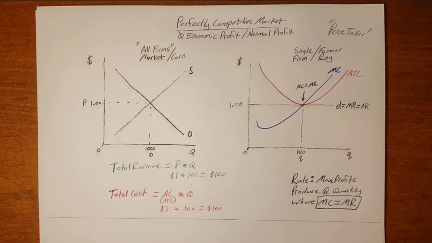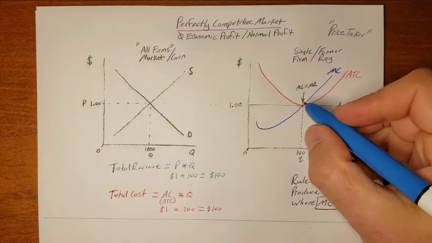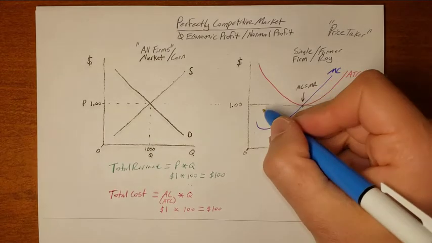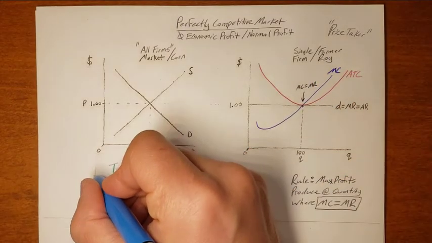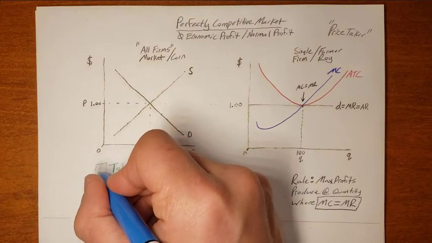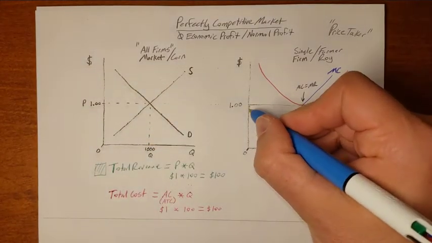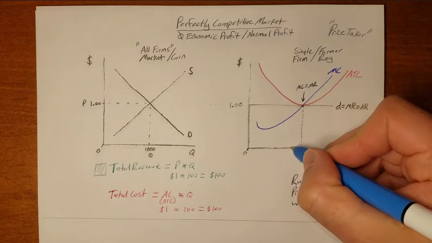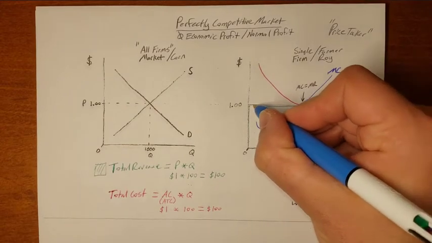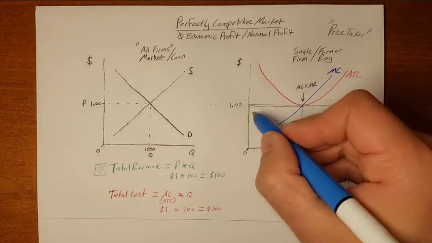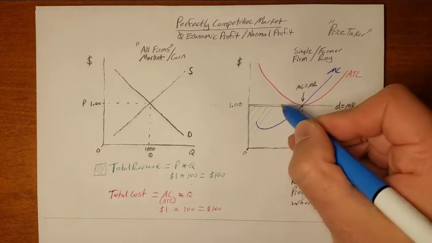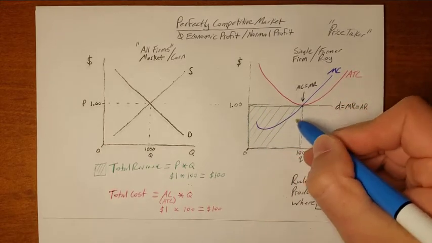Okay, now if we wanted to graphically illustrate both of these things, I could actually shade in the area of total revenue. And that area of total revenue is up to $1 over to the quantity of 100. So the total revenue is represented here.